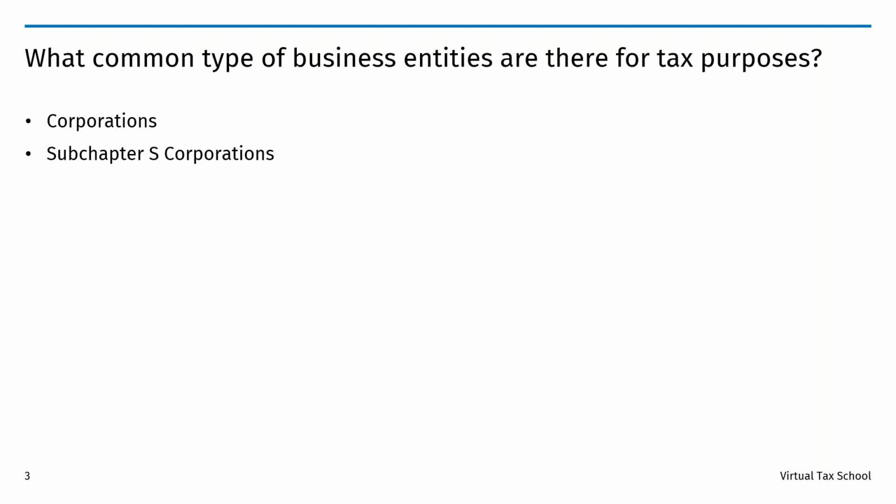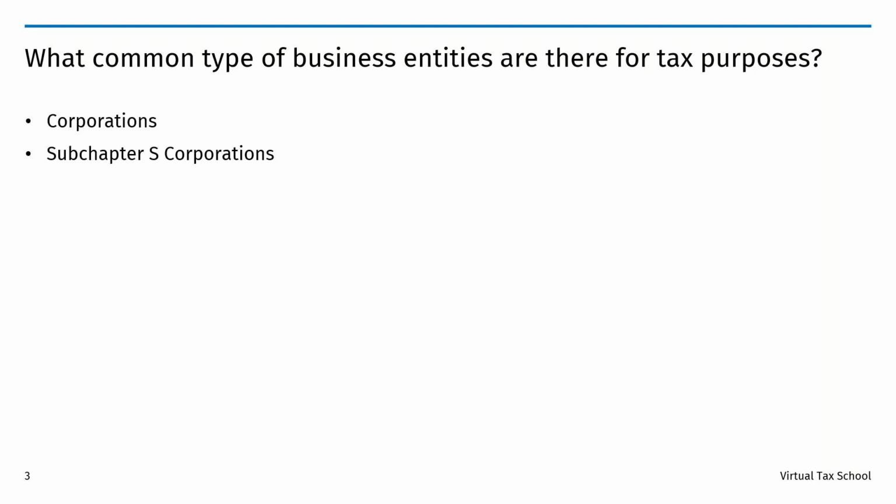The main difference between a subchapter S corporation and corporations lies in their tax treatment. So a subchapter S corporation is a tax vehicle, and in other respects, it is a regular corporation, but files a Form 1120S and doesn't pay federal taxes.